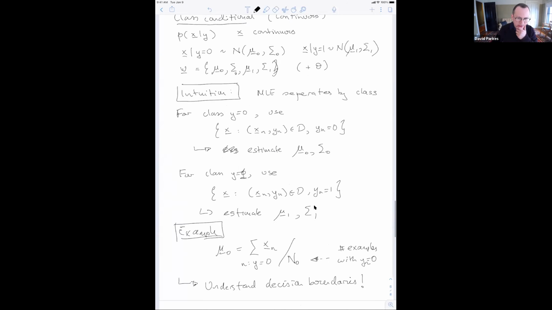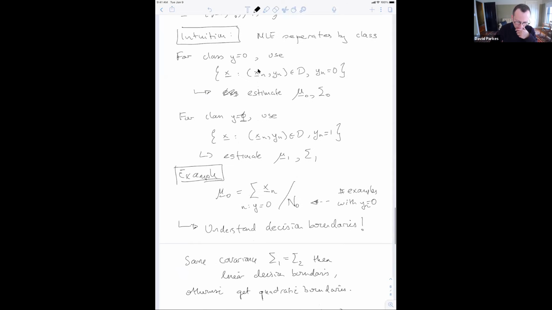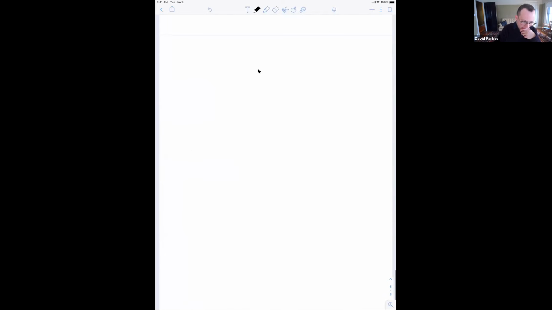Okay, so that was a class conditional model with continuous x's. Let me tell you a little bit about how to think about a class conditional model with discrete x's. This goes under the name naive Bayes.